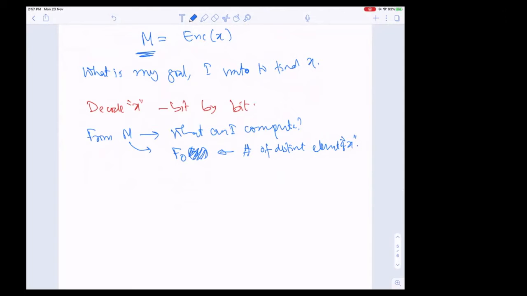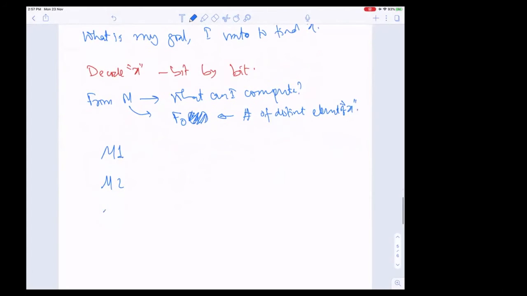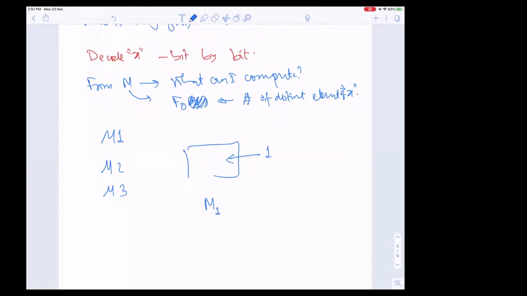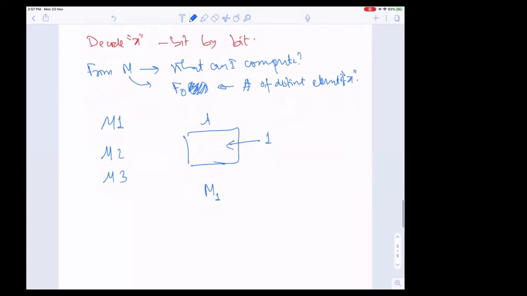Now think of it this way: M represents some state of my streaming algorithm A when some stream was fed to it. Now I feed 1, and I get M1, the content of my streaming algorithm A. I feed 2, then I get M2, and so on and so forth.